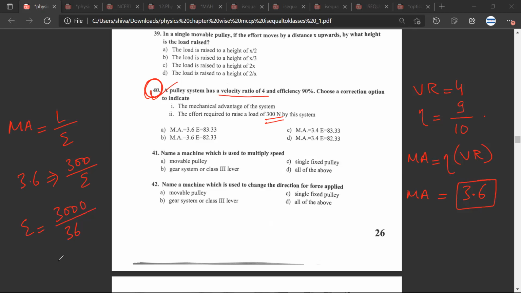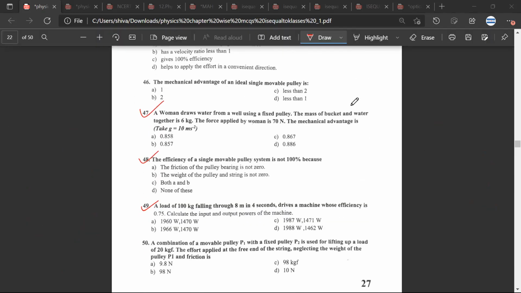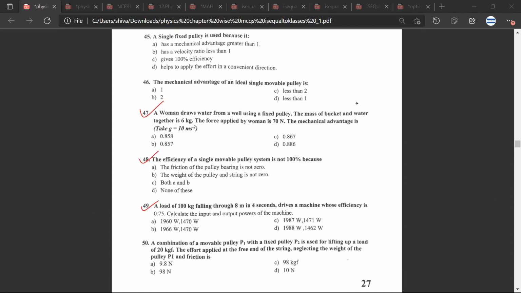So this would be 300 upon 3.6, which is 83.33. So 3.6 and 83.33, this will be the right answer. Is it correct? Yes, sir. Great, sir. Let's move on to the next questions, next numericals. Okay, great.